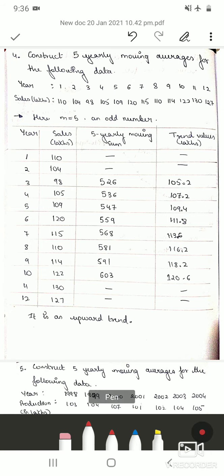Here M is 5, which is an odd number. First let us write the year and sales, which is given. Next we have to calculate the 5 yearly moving sums, which is similar to 3 yearly moving sums, but here they have given 5 yearly.